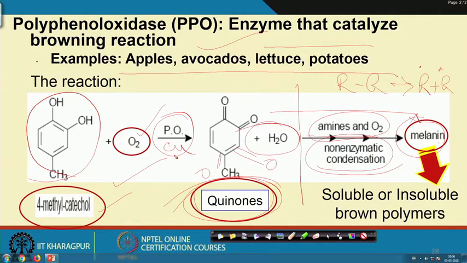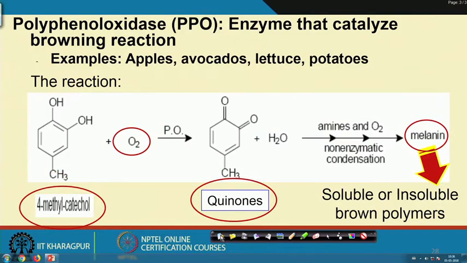With respect to enzymes, this may produce soluble or insoluble brown polymers, which are called melanins or melanoidins.